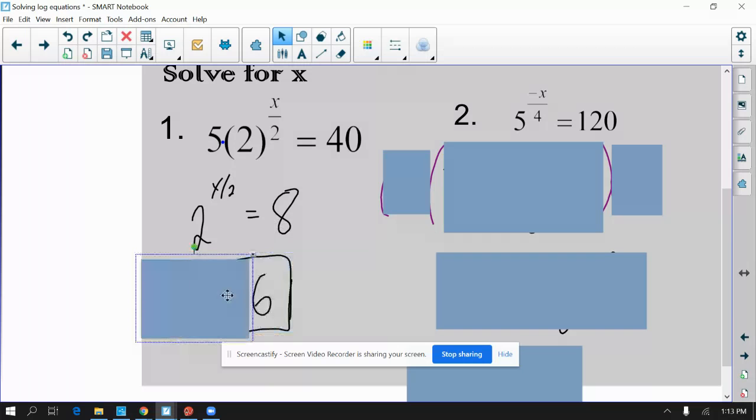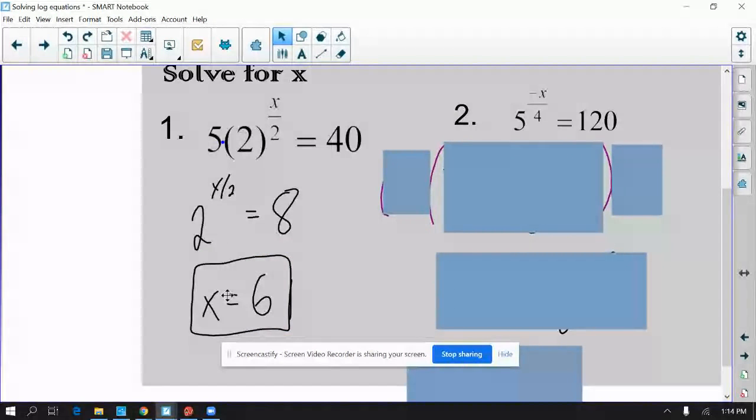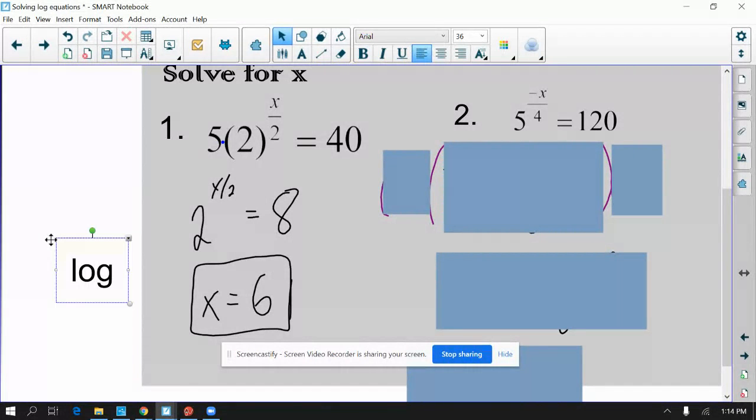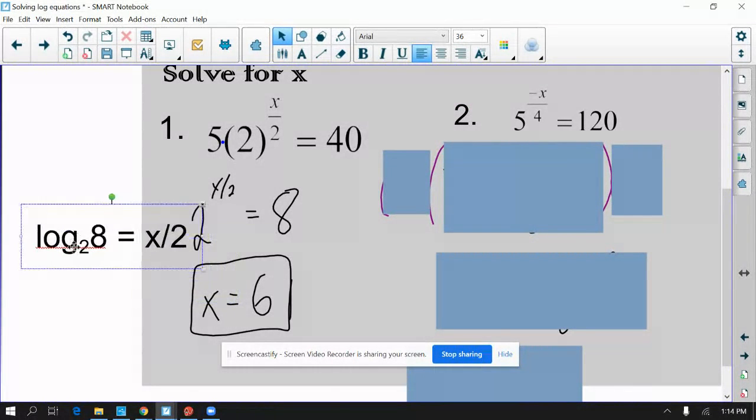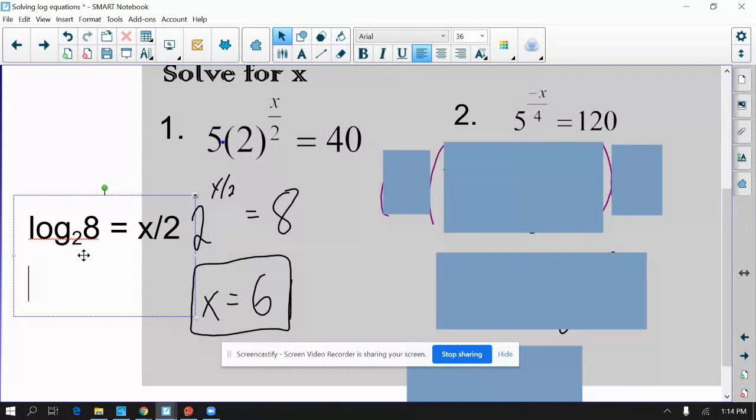Well, the unknown is the exponent, and that is the log. So I could write this as log base 2 of 8 equals x over 2. I can then multiply both sides by 2.